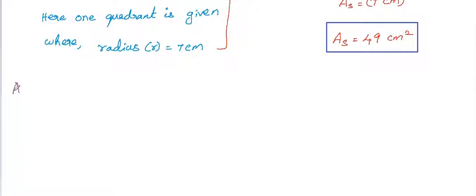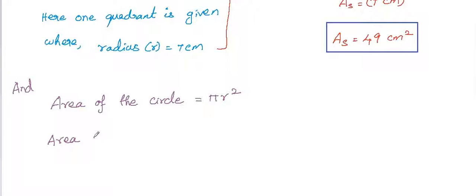Now find the area of one quadrant of the circle. We know that the area of a circle formula is pi r square. In a circle we have 4 quadrants, and we need the area of one quadrant.